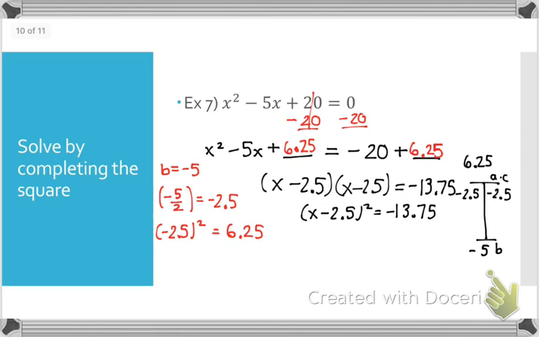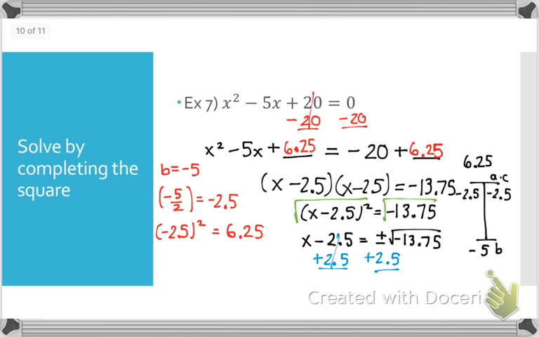Okay, so in order to solve this, we have to take the square root of each side. So now we got x minus 2.5 is equal to plus or minus the square root of negative 13.75. Okay, and so again we want to get x by itself, so the next thing we're going to do is add 2.5 to both sides.